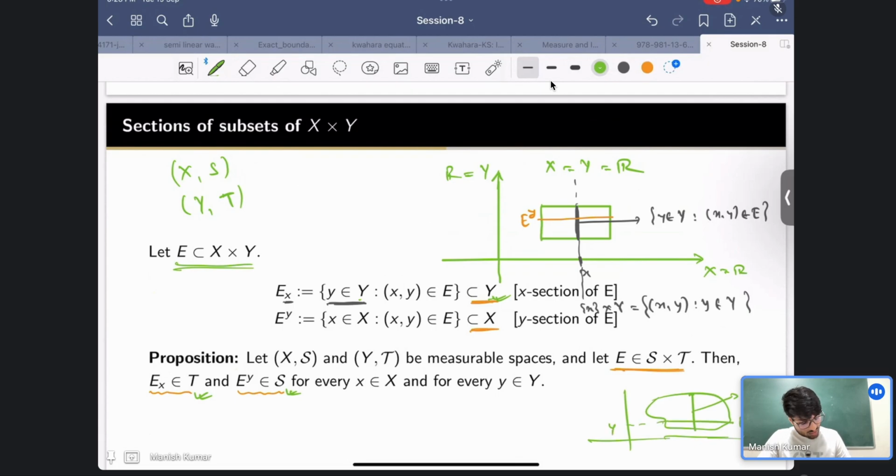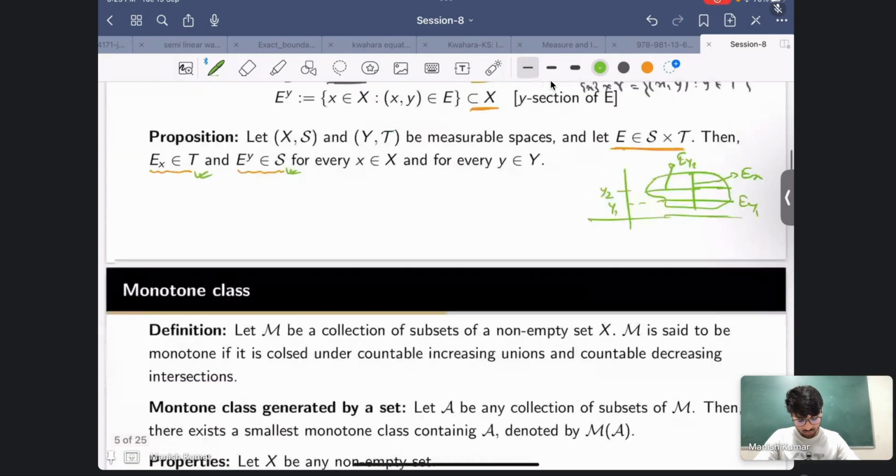Now if you choose another y, let's say this is y2, then this would be Ey2. Did you get it? Yes, sir. Okay.